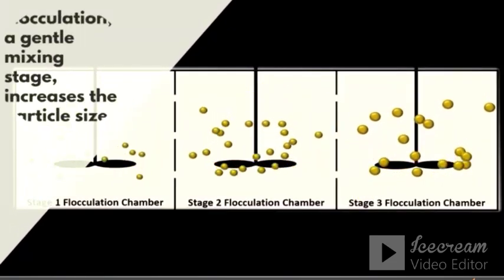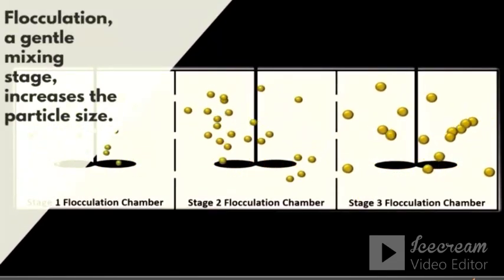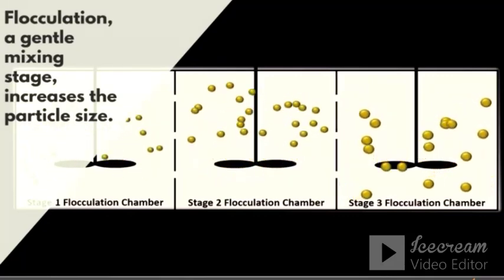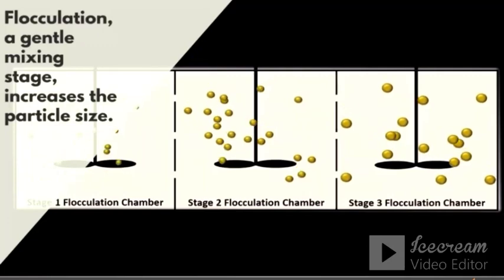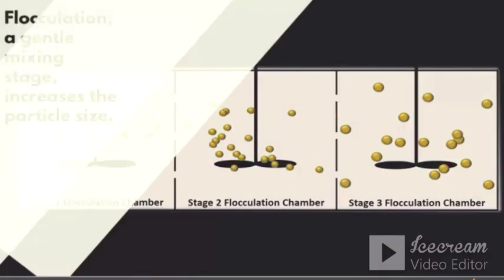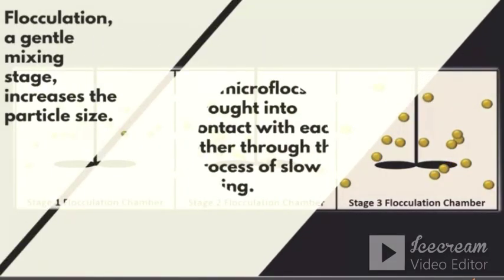Flocculation is a gentle mixing stage that increases the particle size from submicroscopic microfloc to visible suspended particles. These microflocs are brought into contact with each other through the process of slow mixing.